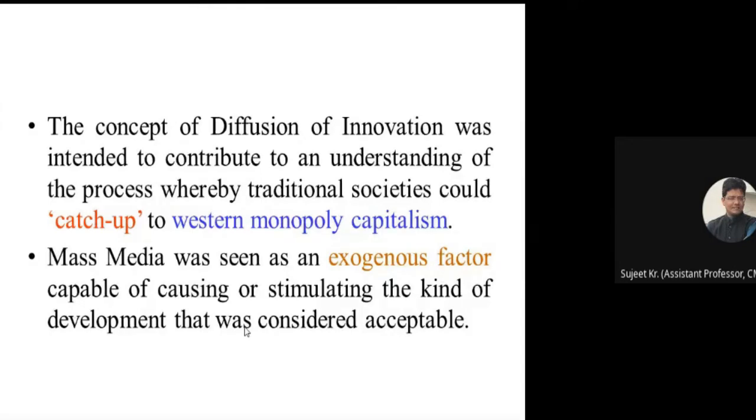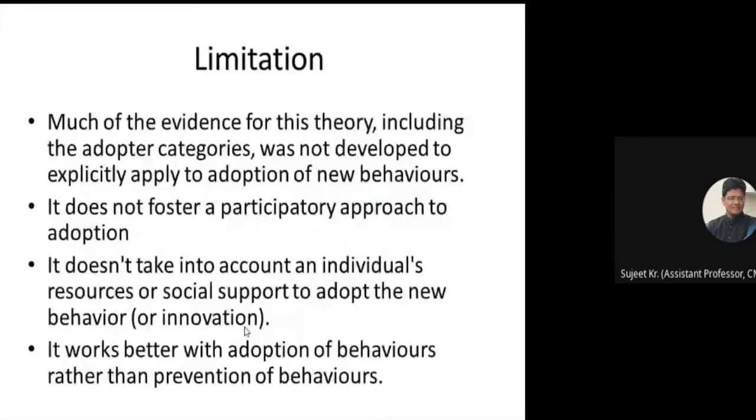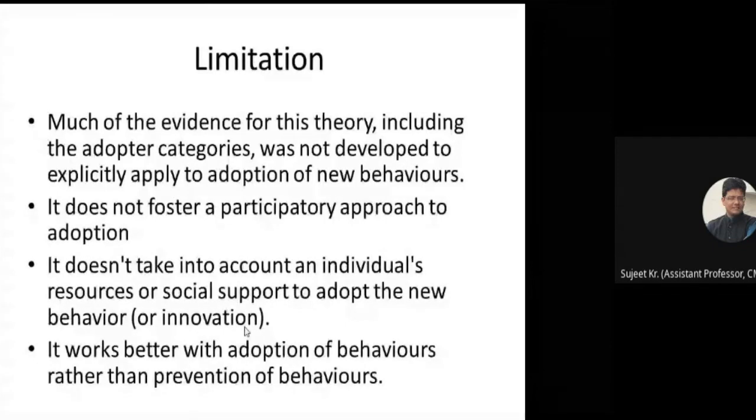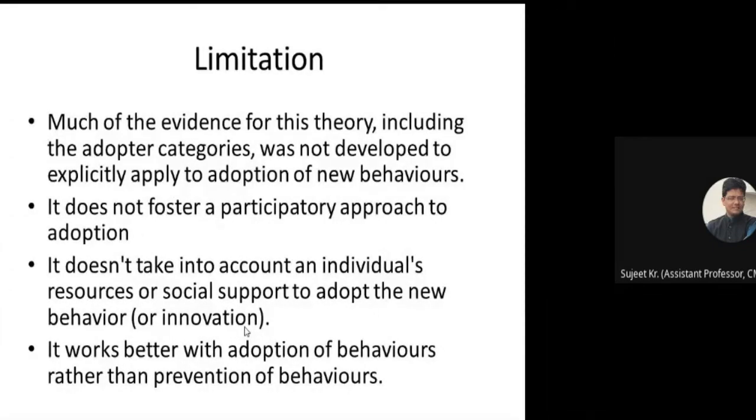So these are the things which he talked about, and there are certain limitations. The first limitation is that much of the evidence for this theory, including the adopter categories, was not developed to explicitly apply to adoption of new behavior. As I told you, he applied this theory to adoption of agricultural technology, right?